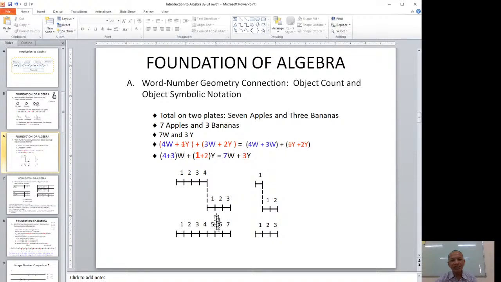It results from the upper 4 plus the 3 down here. The total is 7. Here for banana we have 1 segment plus 2 segments equals 3 segments, for banana.